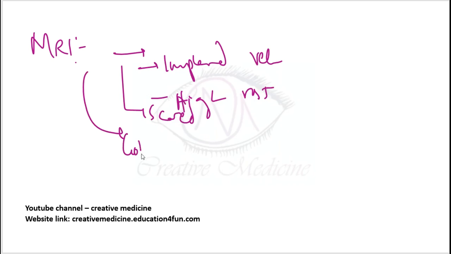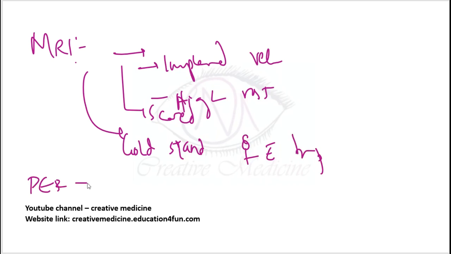MRI is the gold standard imaging for breasts in females with implants. Then PET scan. PET scan is mainly used to diagnose recurrences in scarred breast. For recurrences, the investigation of choice is PET CT scan.